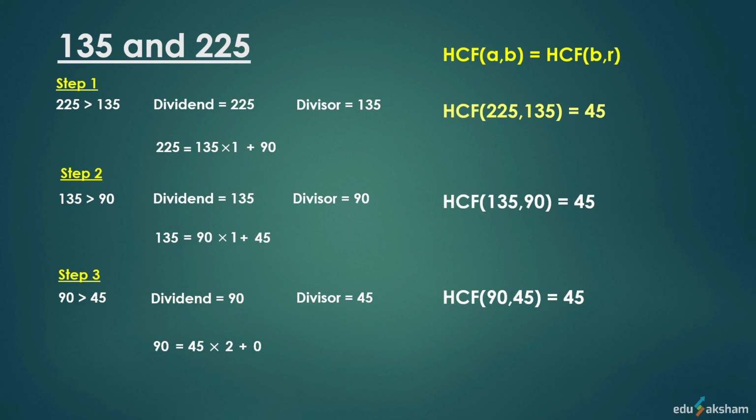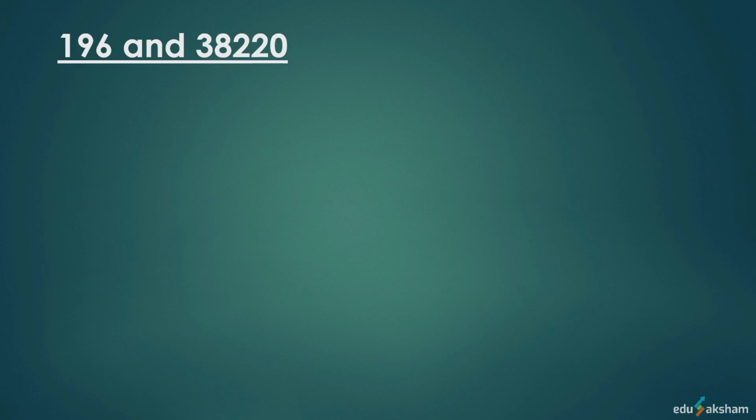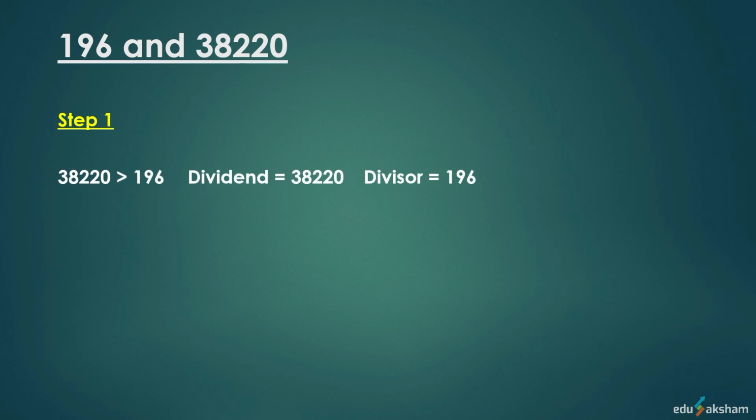Moving on to the next pair of numbers, which is 196 and 38,220. Since 38,220 is the greater number, we will take this as the dividend, and we will take 196 as the divisor. Dividing these two numbers using the long division method, we get 195 as the quotient and 0 as the remainder.